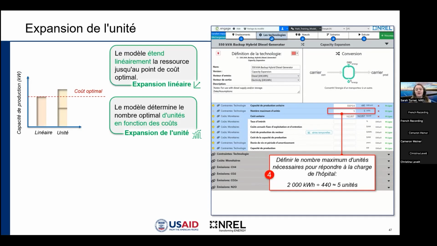Expanding a technology on a unit basis means that Engage makes its decision to build a technology in terms of the production capacity of that unit. You can consider it like a block. Unlike the linear approach, which constructs the exact cost optimal production capacity, the unit capacity expansion method assesses the model discretely, determining the cost optimal number of units to serve demand.